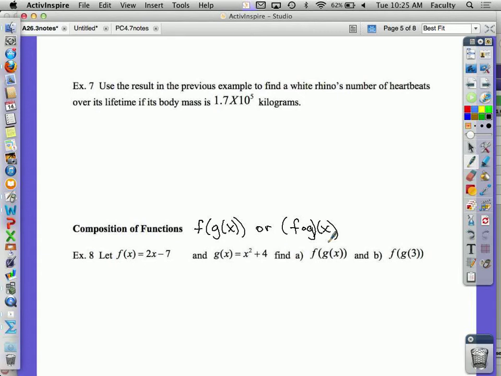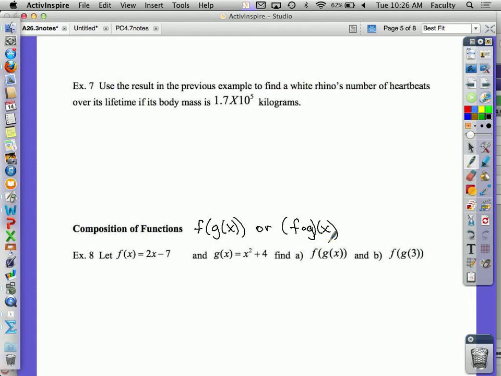It's not a dot, it's a little open circle. So sometimes students will say, oh, fog, and I'm like, yeah, it's fog. Don't call it fog. But remember the function machine. What this means is that you're putting g of x inside the f of x, okay?